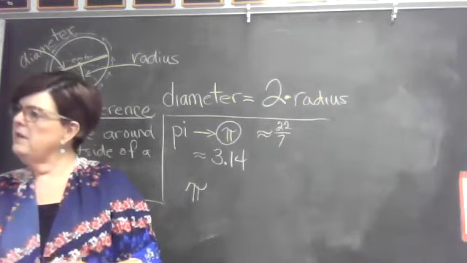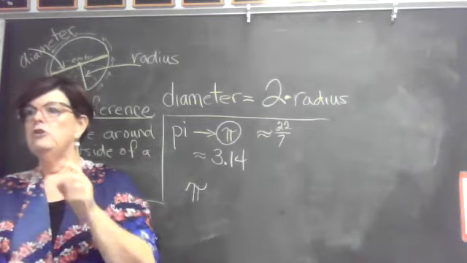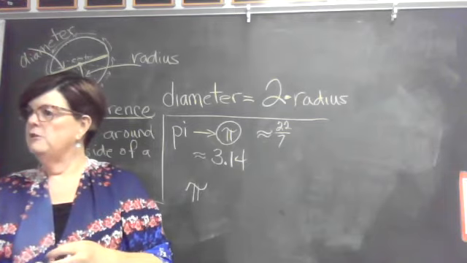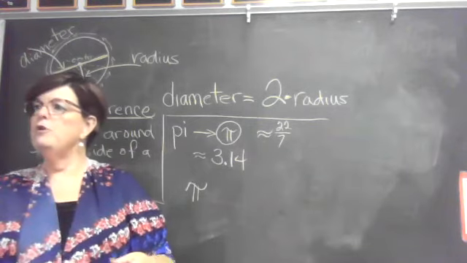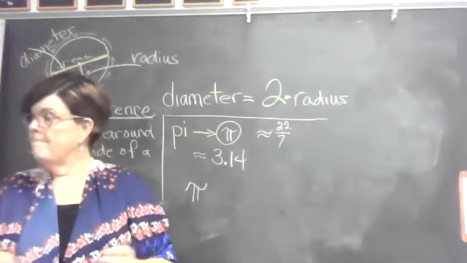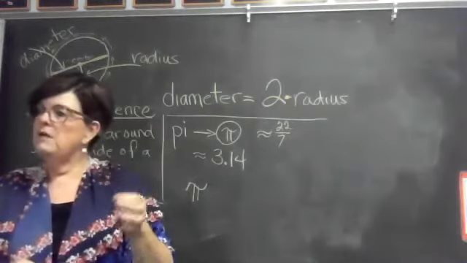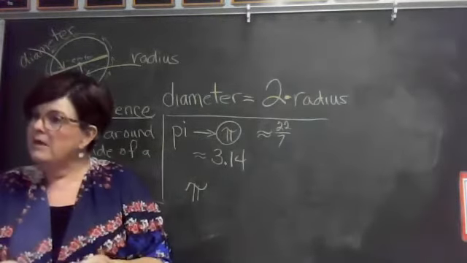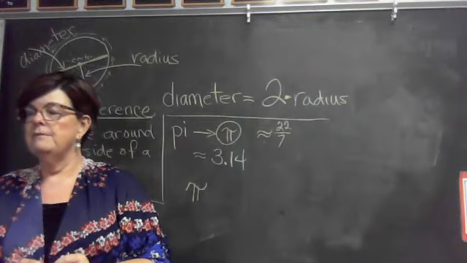Well, in anything that has to do with circles, it may say use 3.14 for pi. So if it says that, you have to use 3.14 to get the correct answer, okay? Or in parentheses up in the instructions, it might say use 22/7 for pi. If it says that, then do it. That's the only way you're going to get the right answer.